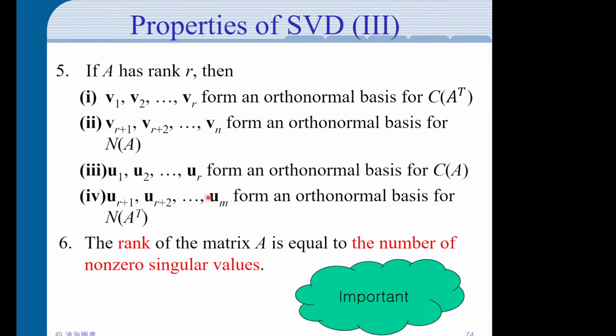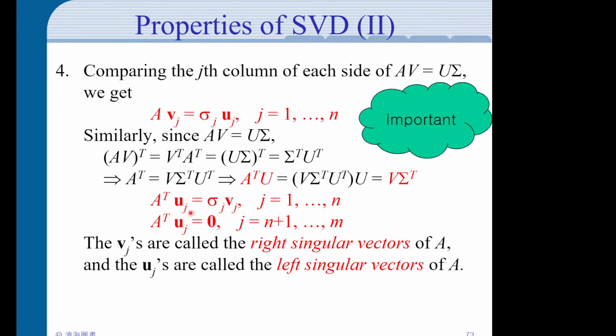So actually the first r singular vectors are more useful, because they correspond to the singular vectors with a non-zero singular value.